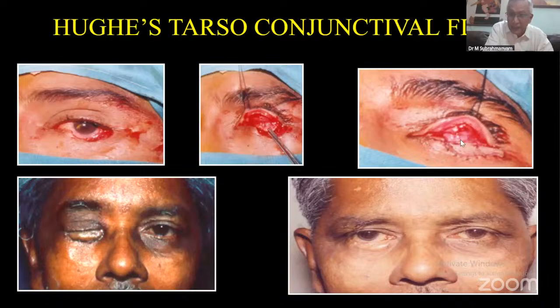And then it is attached on either side to the tarsus and the orbicularis oculi. And a free skin graft has been put, right? This is how the patient was 4 weeks after surgery with the lid sharing procedure, the lid being closed, and this is after separating the lids. This is how the patient has been with the reconstructed lid, which is aesthetic and functioning.